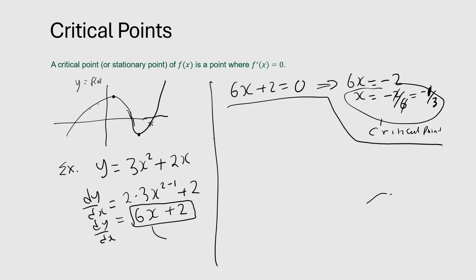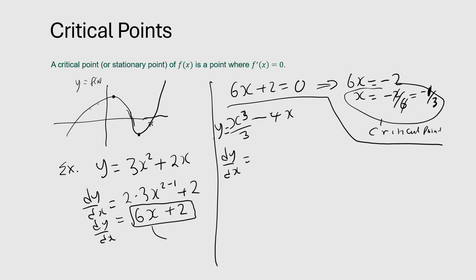Let me give another example, because you can have more than one critical point. Maybe you have y equal to x cubed over 3 minus 4x. If you want to find the critical point, the first thing is to find dy/dx, so we differentiate this.